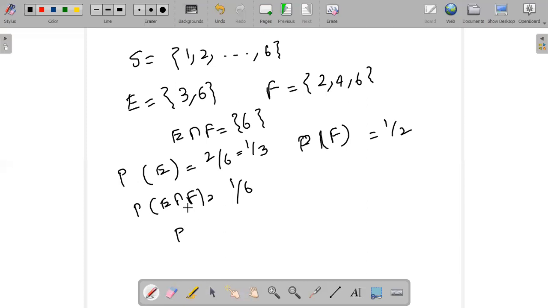Here P of E intersection F is equal to P of E into P of F. So E and F are independent. See here, it is independent, right?